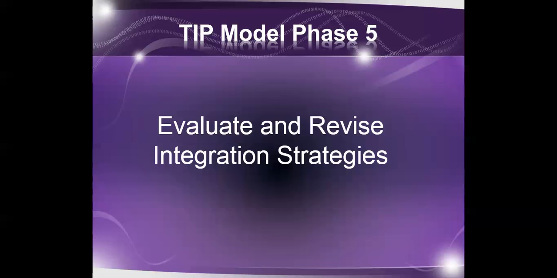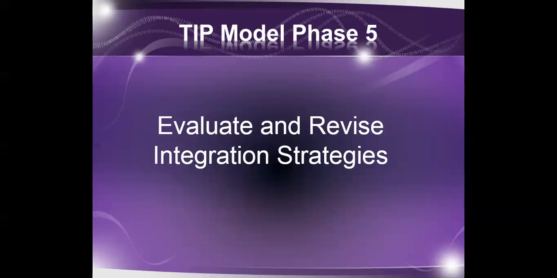The fifth and final phase of the TIP model is to evaluate and revise integration strategies. During this time, you want to ask yourself what actually worked, as well as what could have been improved.